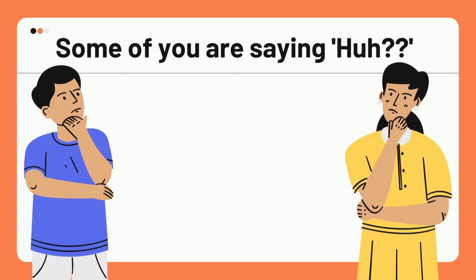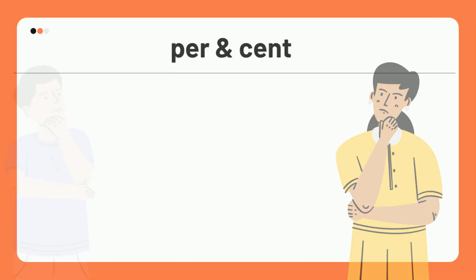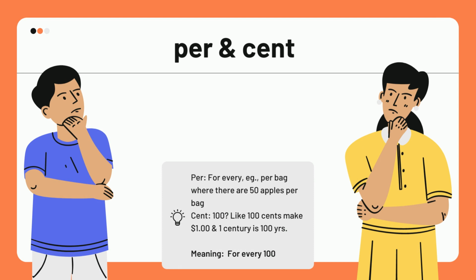Some of you are saying right now, huh? What did you just do? You massacred that word. Oh, per and cent. So let's see. Per. What does per mean? For example, I'm going to go to the store and they say there are 100 balloons per bag. Here we're seeing there are 50 apples per bag.